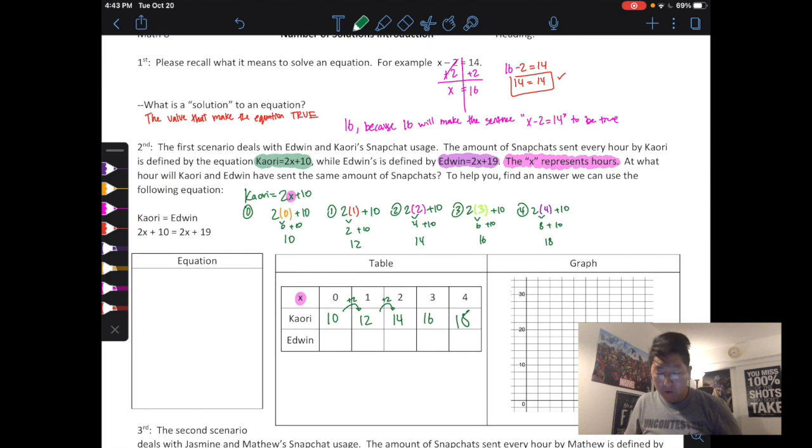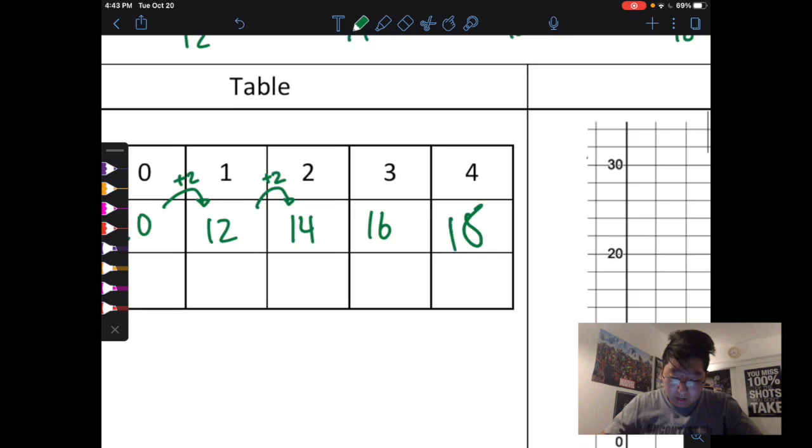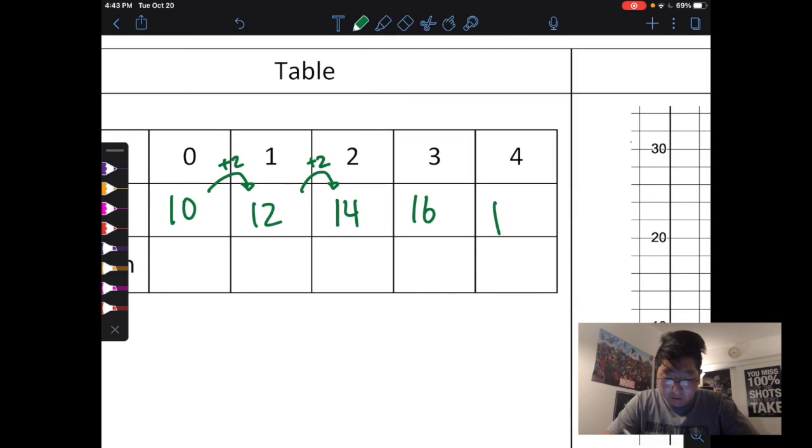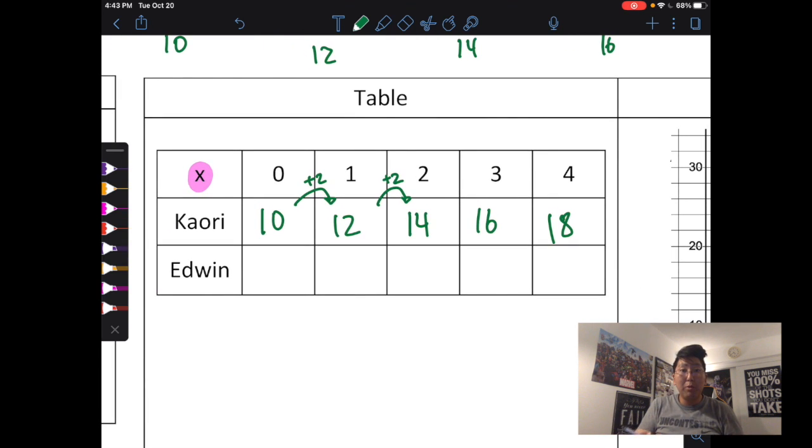So in 4 hours, he would have sent 18. There you go. So here we can see a table that represents the amount of Snapchats that Kaori sent. In 0 hours, he sent 10, and he adds 2 per hour. Hopefully you're able to see that pattern, okay?